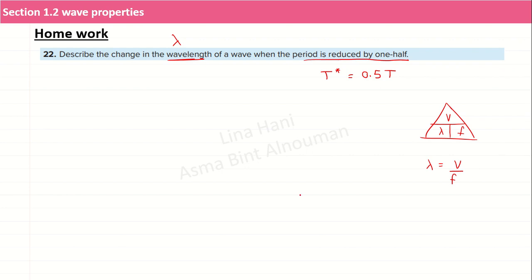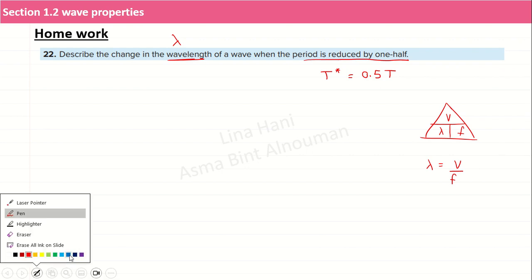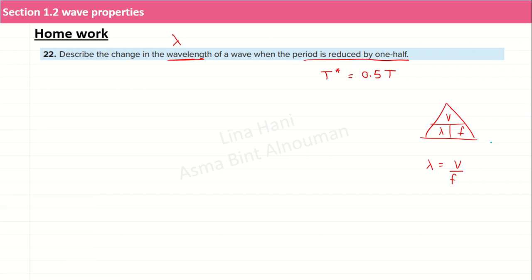Here, remember that the frequency is linked to the period using this equation. So I can substitute its equation, and you can see that we create another equation that links between lambda and T. So lambda is equal to v divided by 1/T.